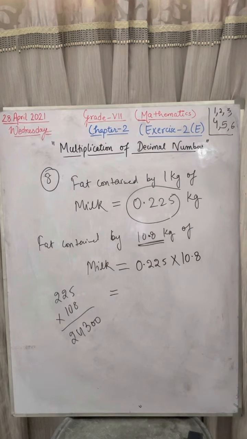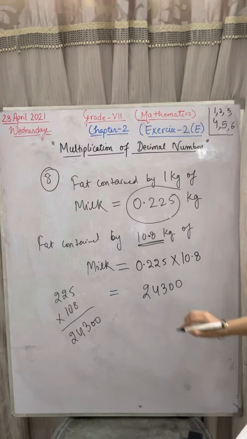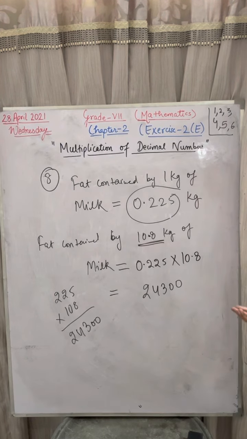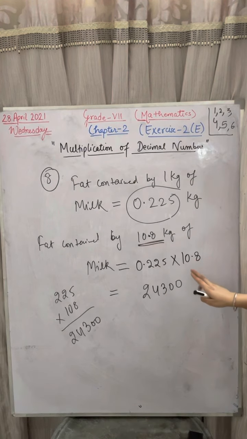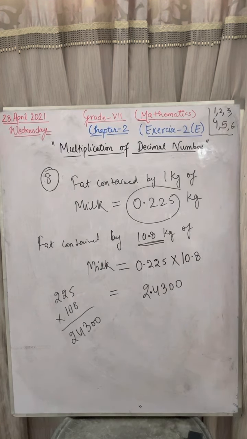So I'm writing here 24300. Now before how many digits do I have the decimal? 1, 2, 3, total 4. So 1, 2, 3, 4. Before these many digits I'm having the decimal.